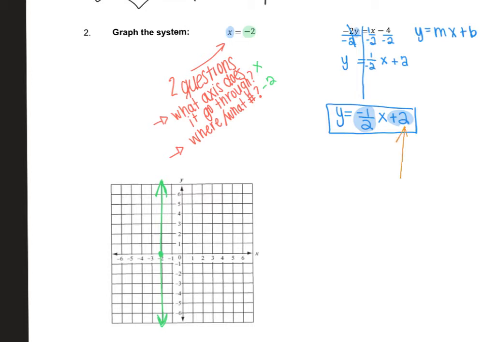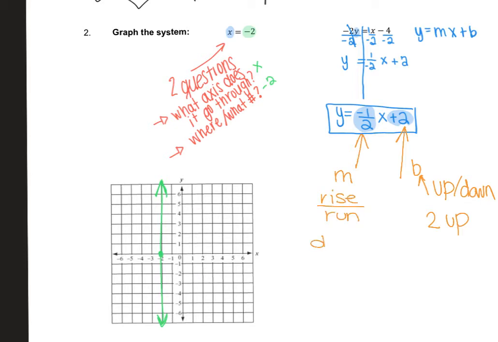Here is my B, where I begin. This is my up, down. So I am 2 up because it's positive. This is my M. This is my rise over my run.